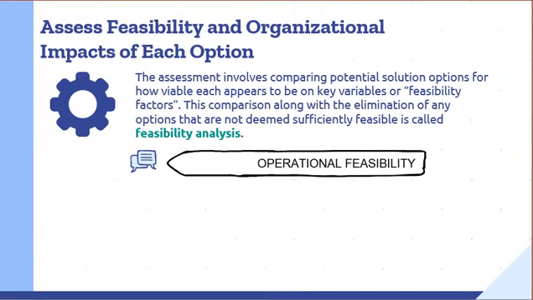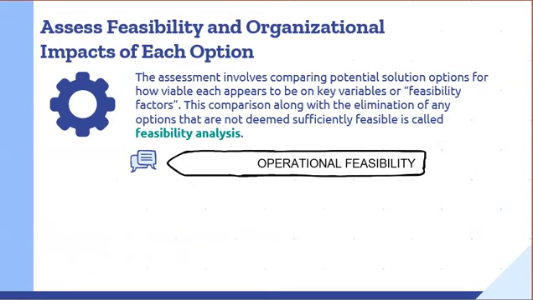So we have these factors to consider. First is the operational feasibility. Operational feasibility represents how well the proposed solution fits the business needs. It also encompasses the receptivity of the organization to the change and whether the change can be sustained after it is implemented.